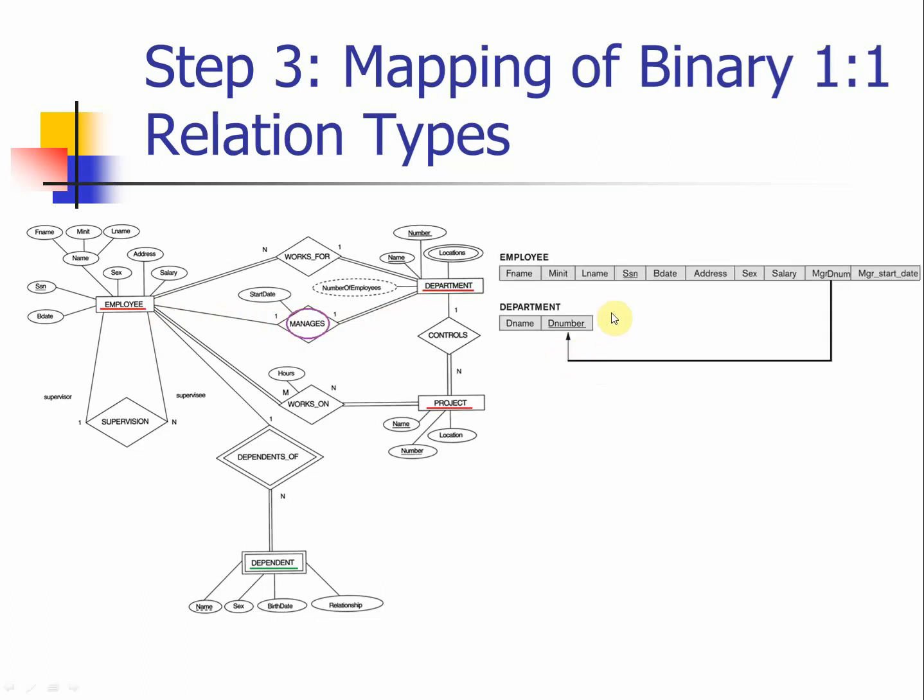The first choice is to use the employee side and take the other side's primary key, which is the D number that we have. We take the D number, come in here, and make a foreign key that links to the department. So it is like we change this relationship to become a foreign key in the employee, and link that to the department entity.